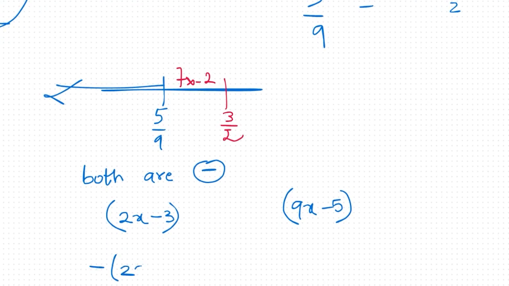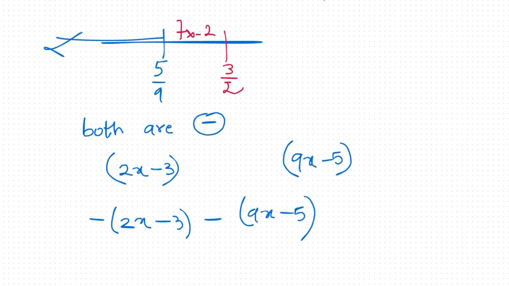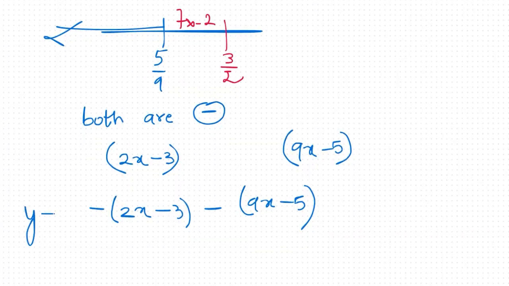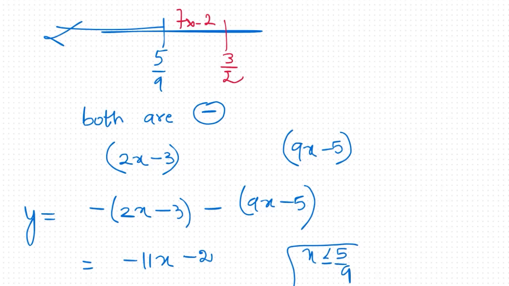Both are negative means you have to write like this. So y is equal to minus 11x plus 8. So this is the behavior for this region, x less than or equal to 5/9.